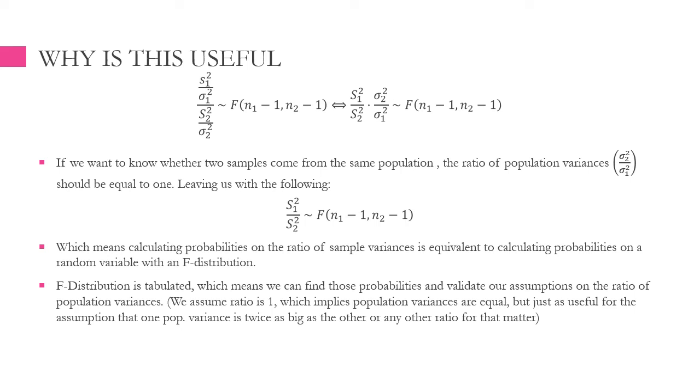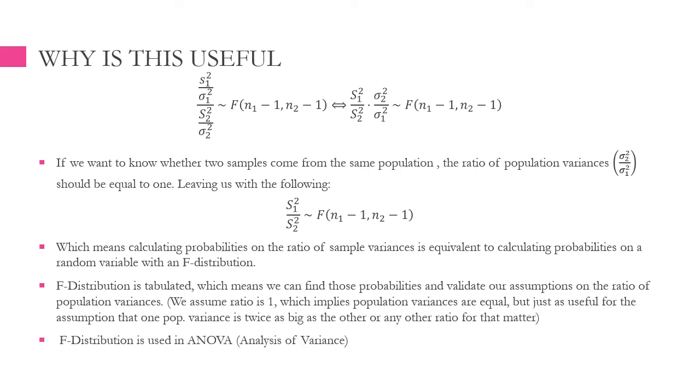But this kind of analysis is just as useful for the assumption that the population variance for one set of data is twice as big as the other, or any other ratio for that matter. Okay, so that was a very long explanation for the F distribution, the T distribution.